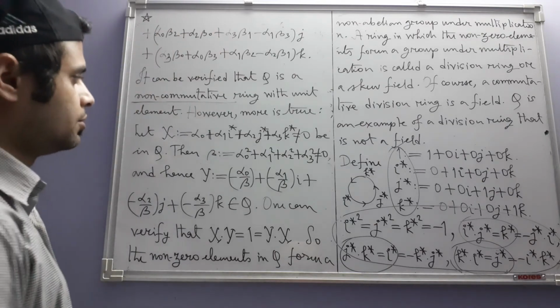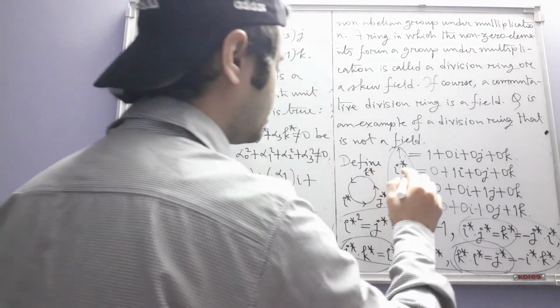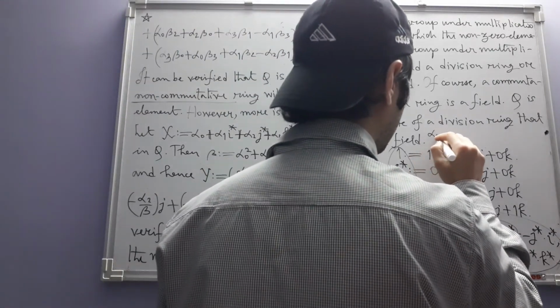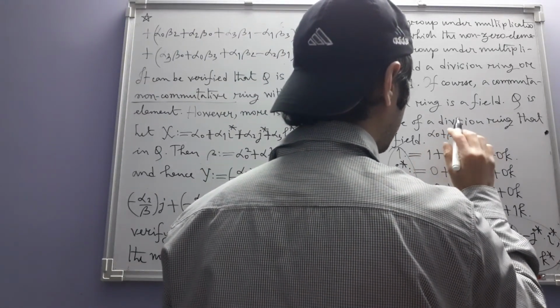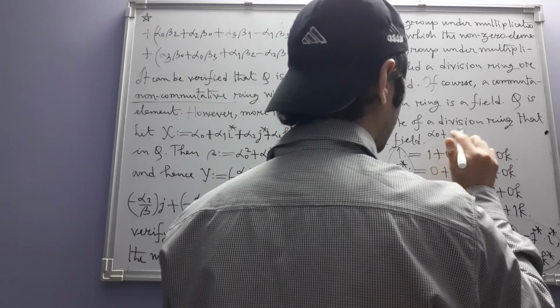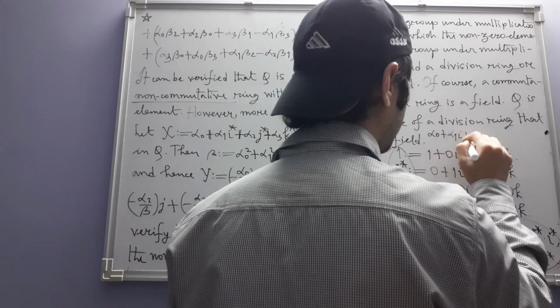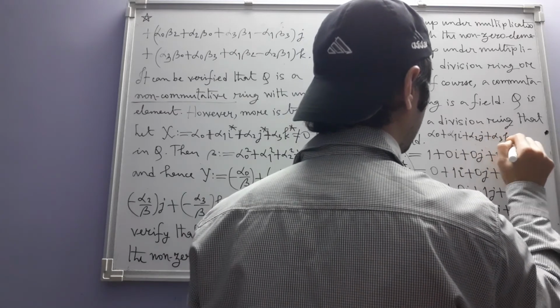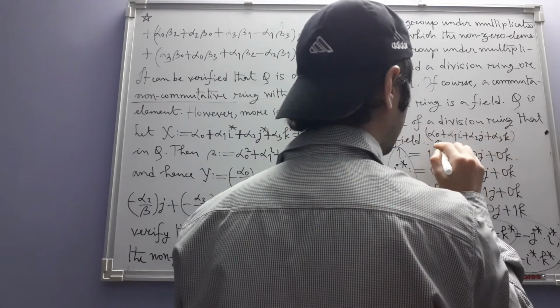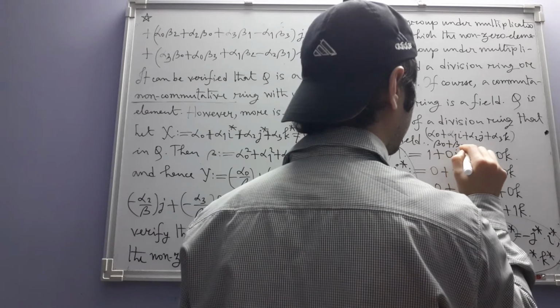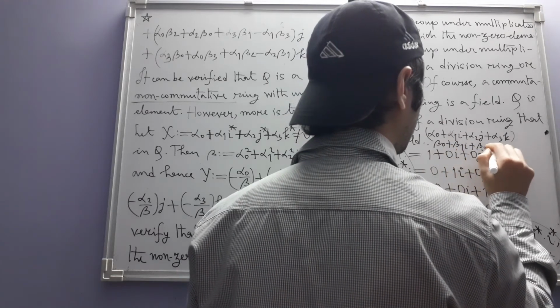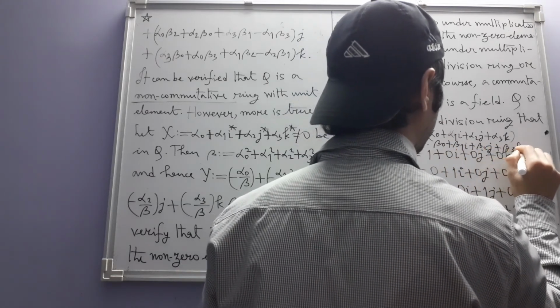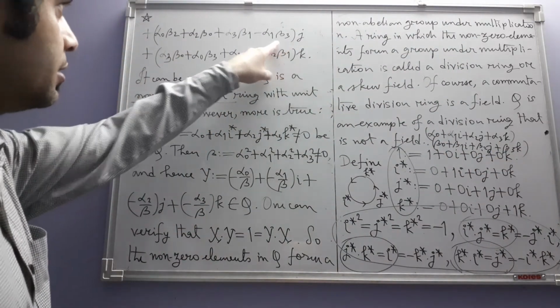So for example, if you look at alpha naught plus alpha 1 i plus alpha 2 j plus alpha 3 k, let me just quickly look at the product with beta naught plus beta 1 i plus beta 2 j plus beta 3 k. Suppose I want to write this term.